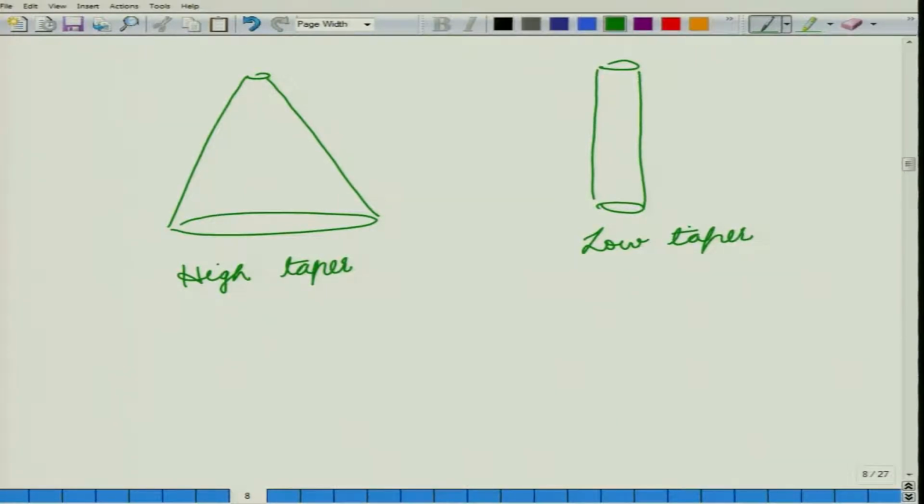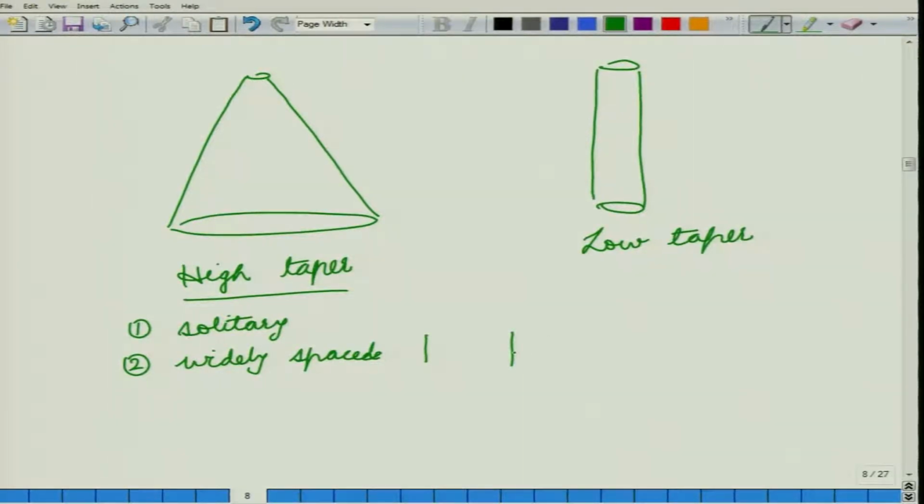Now, we say that a tree has high taper if it is solitary. So, solitary means that you have a single tree somewhere, or it is widely spaced, which means that if you have one tree here, the second tree is very far apart. Here you only have one tree, or in heavily thinned.